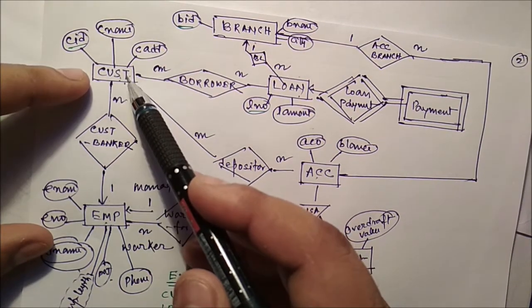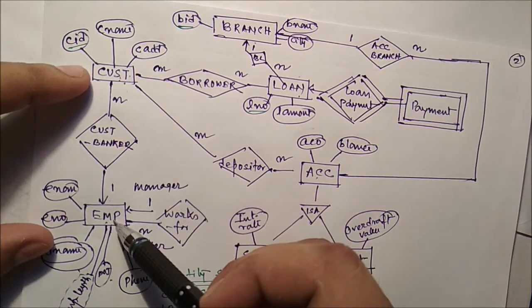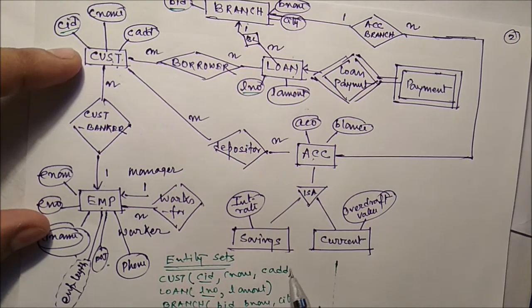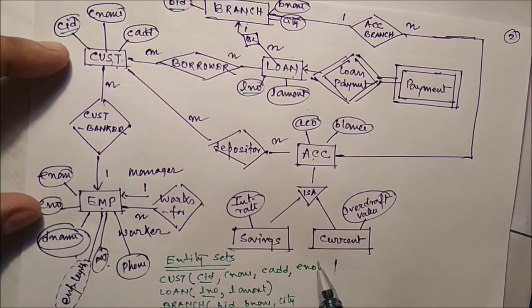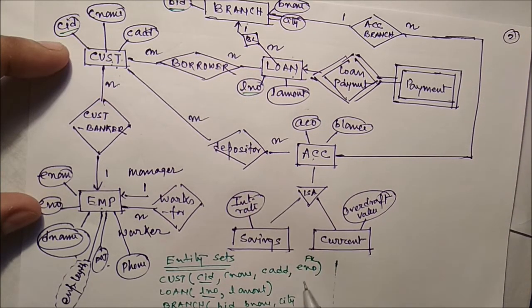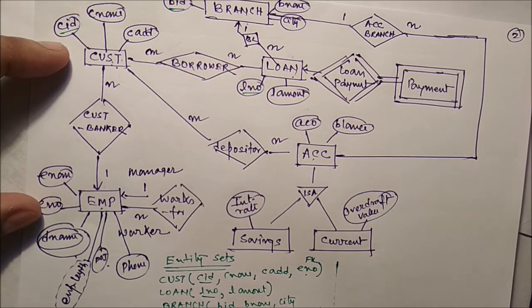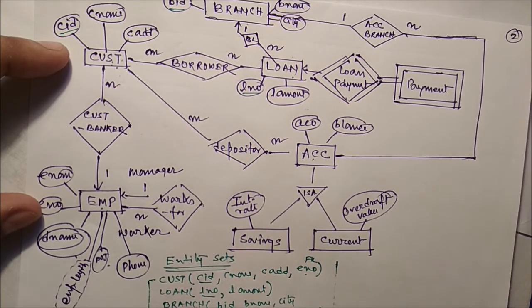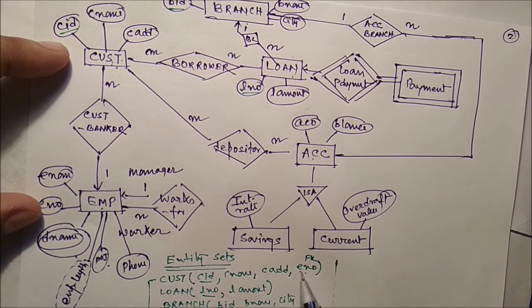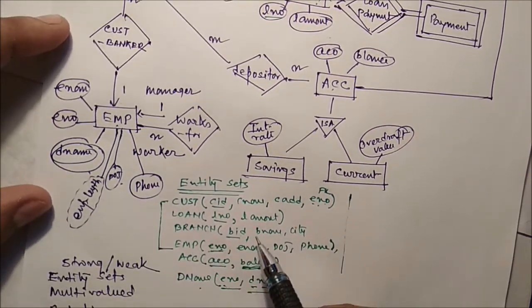In the customer table we have to put the employee number, which should be the foreign key. This employee number is nothing but the primary key of the employee. So we can establish a relationship between customer and employee using this employee number. Are you getting this one?